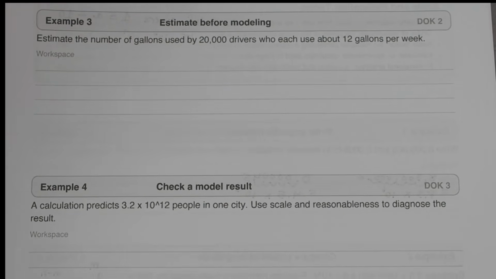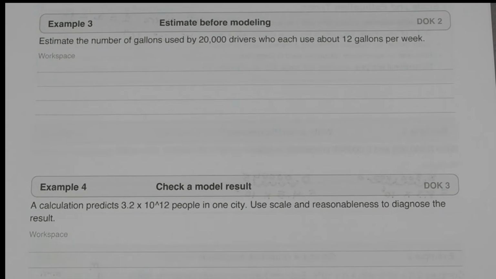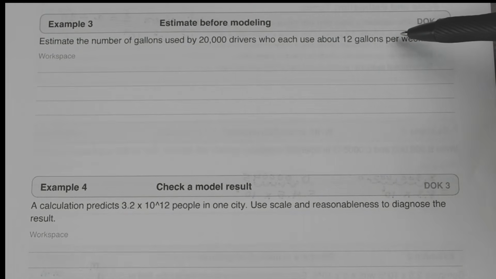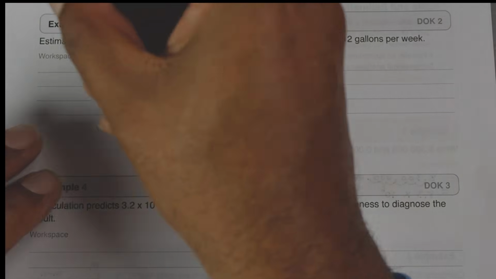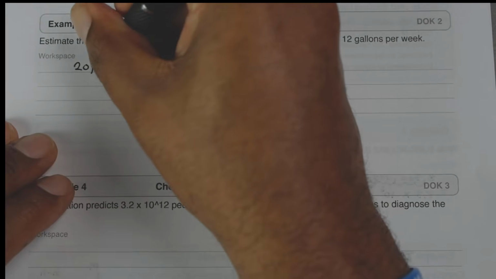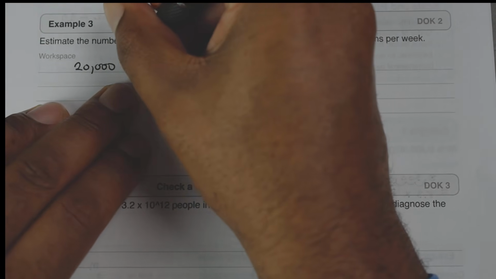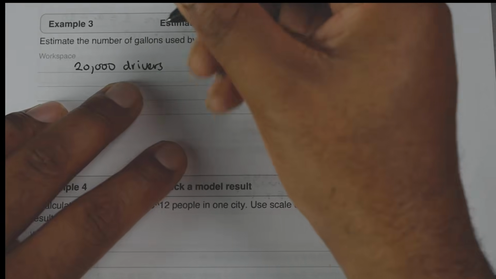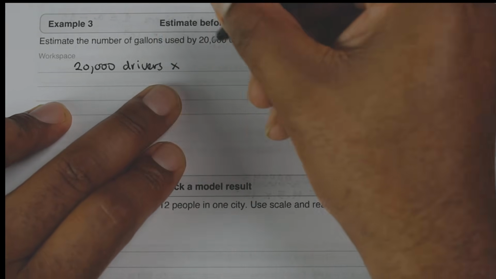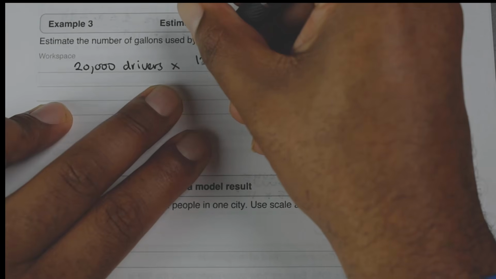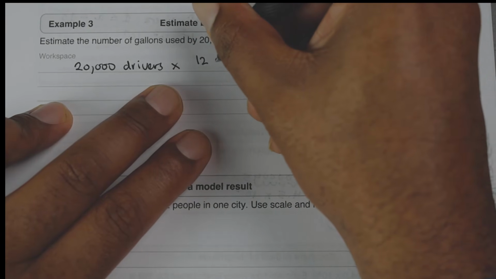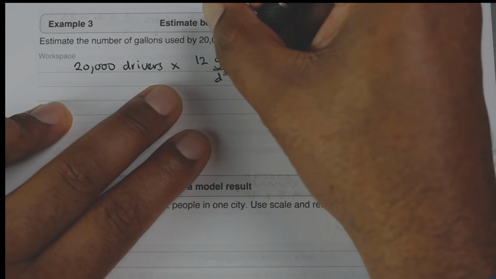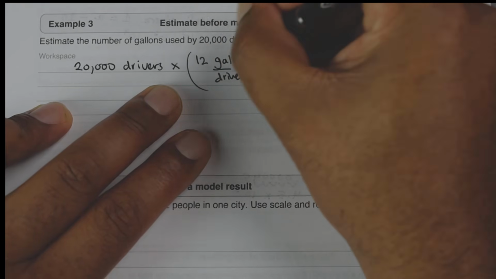Example number 3, estimate before modeling. Estimate the number of gallons used by 20,000 drivers who each use about 12 gallons per week. So what we want to do is multiply 20,000 drivers by 12 gallons per driver, right?